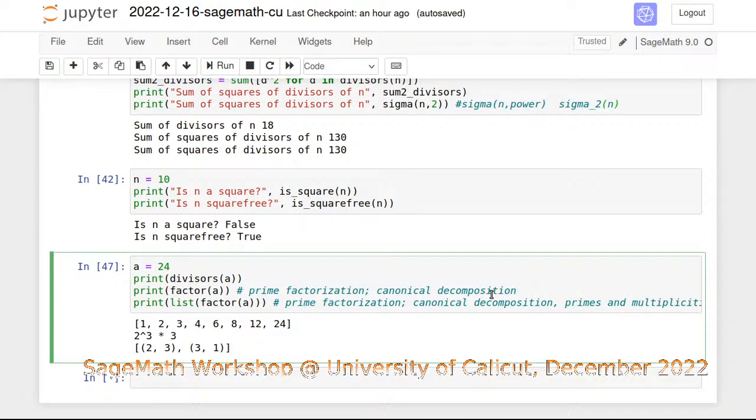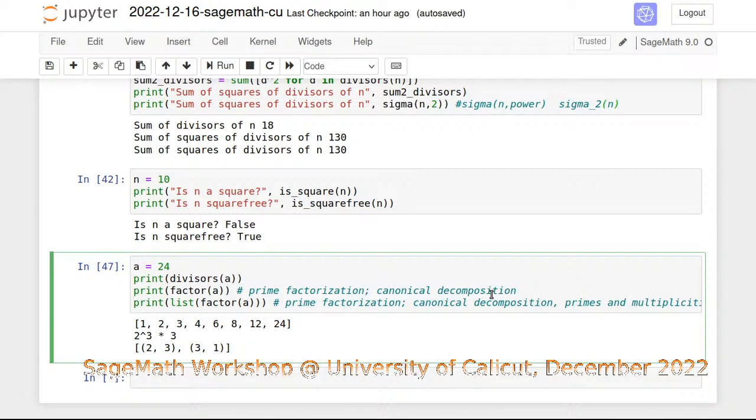From the prime factorization you can actually get all other factorizations, because 24 is 2 to the power 3 into 3 to the power 1. Any divisor of 24 must be of the form 2 to some power less than or equal to 3, and 3 to some power less than or equal to 1.